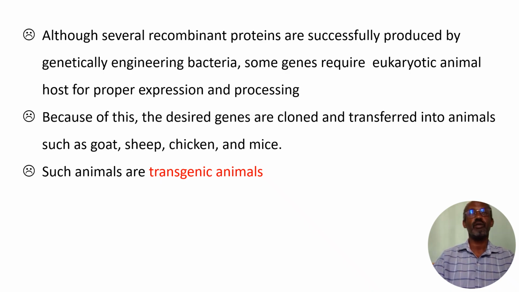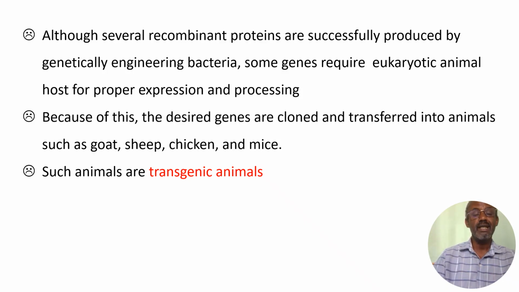Therefore, it is impossible to bring those genes into bacteria so that they are expressed and the gene product is produced. They require a eukaryotic cell to be expressed and processed fully.